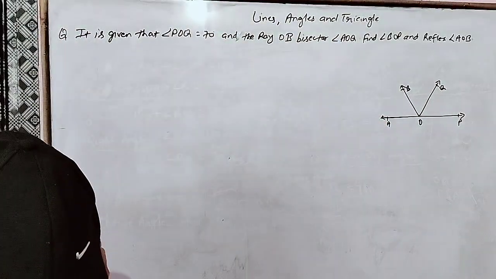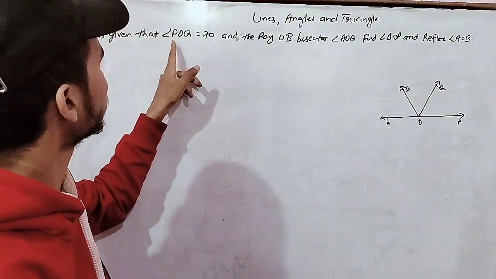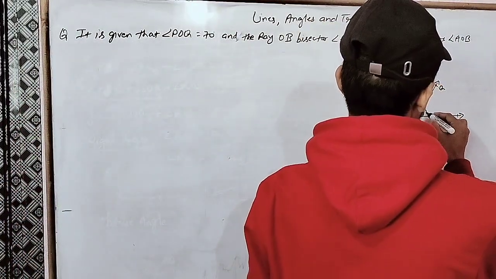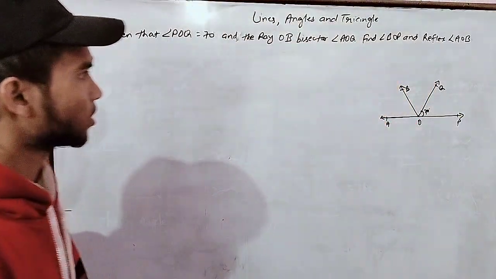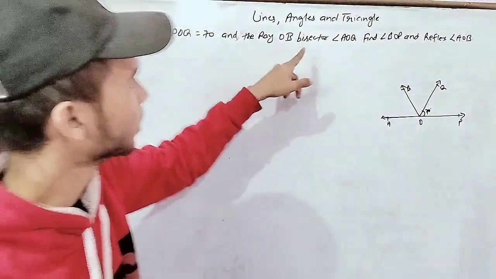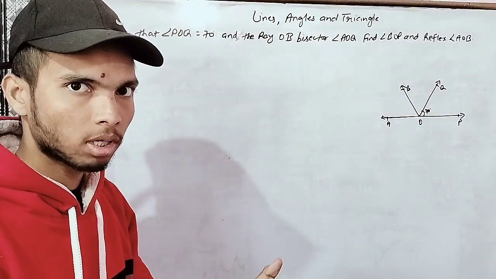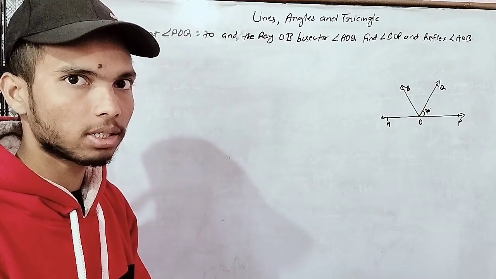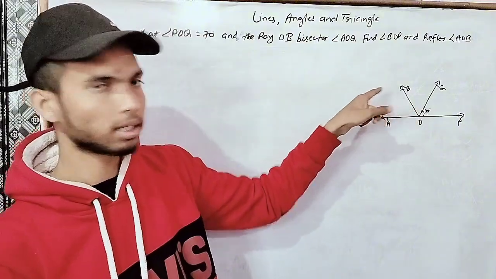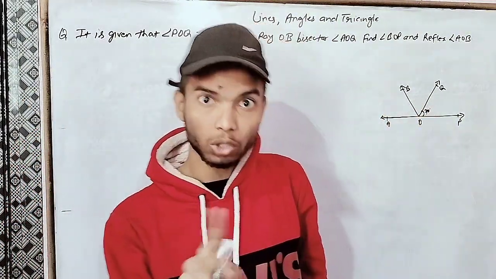We have this question. Can you solve it? It is given in the figure that angle POQ is 70 degree, and OB bisects. This OB bisects, which means the angles are equal. The meaning of a bisecting ray is that the value of this angle and the value of this angle would be equal.